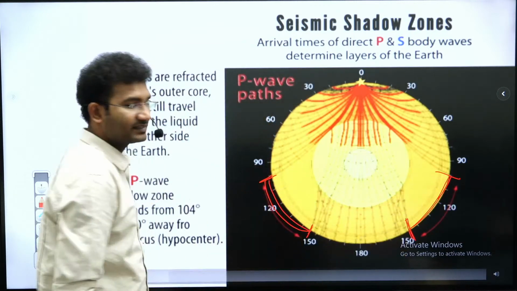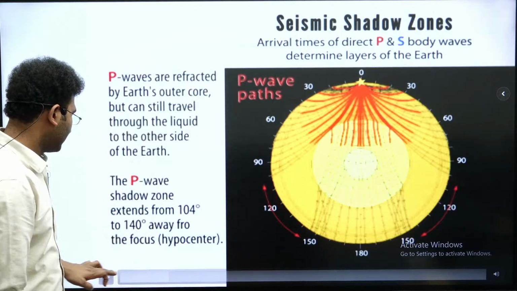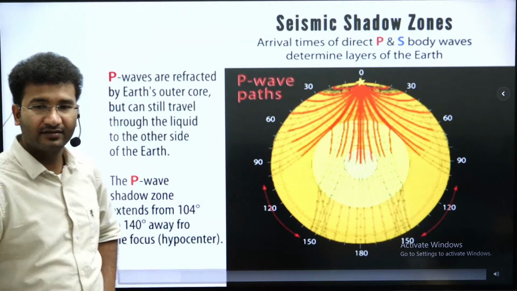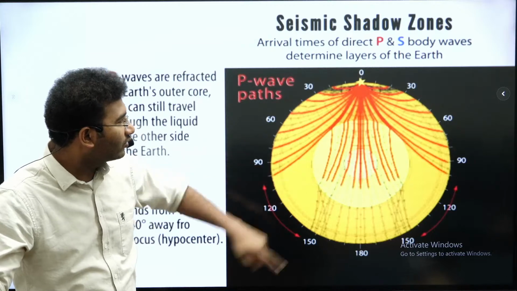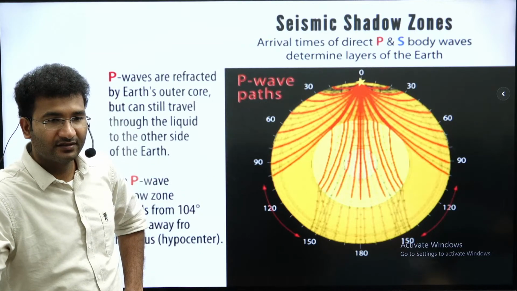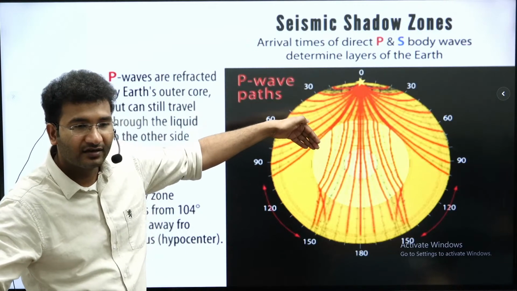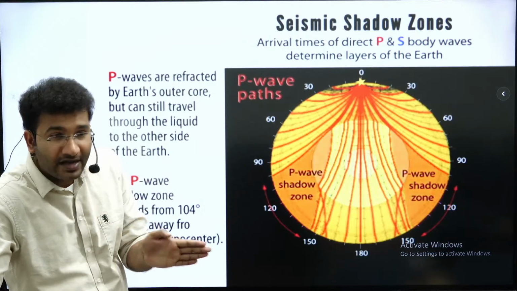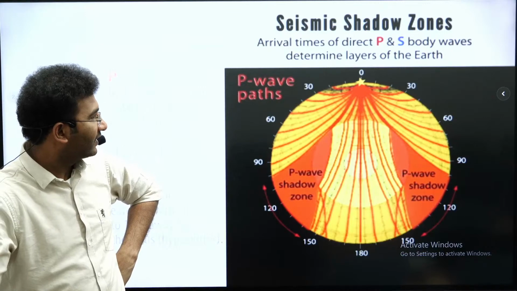And this is called the P wave shadow zone. Now, let me replay. Why are they absent there? Because this outer core is liquid. Whenever the wave passes through the liquid layer, from one medium to another, it gets refracted and bent. You see the bending in these areas.